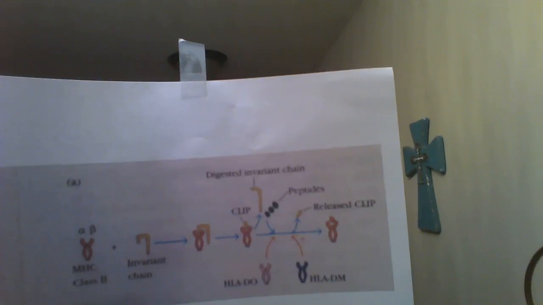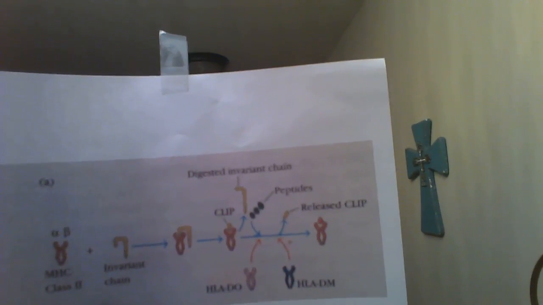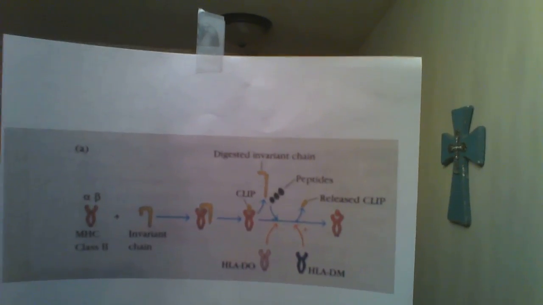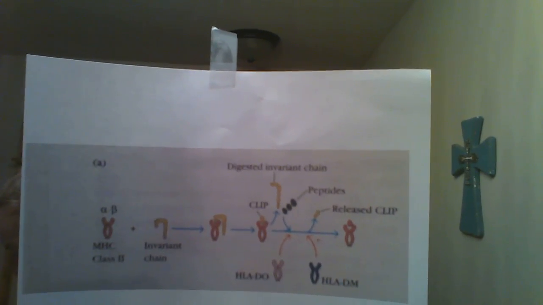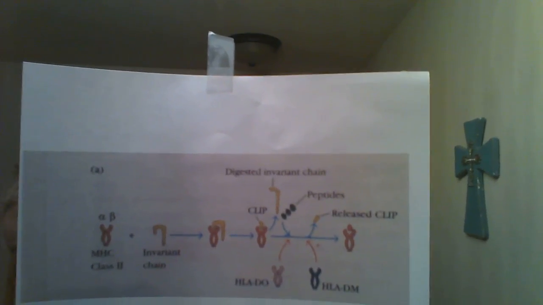And so to end with, you're going to see that the class 2 MHC peptide complex is transported to the plasma membrane, where the neutral pH of the plasma membrane is going to enable the complex to assume a compact stable form.